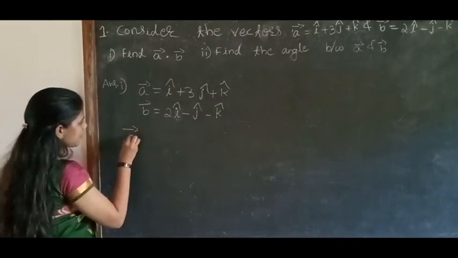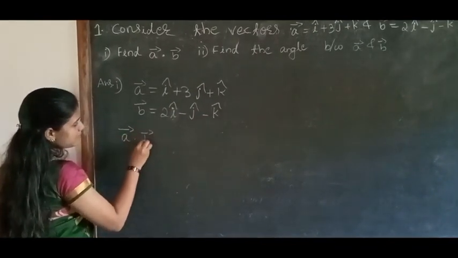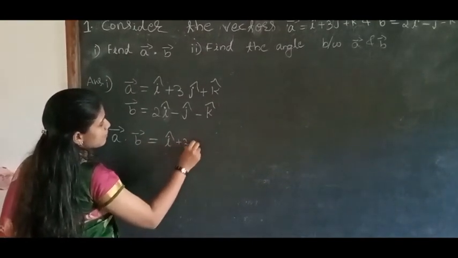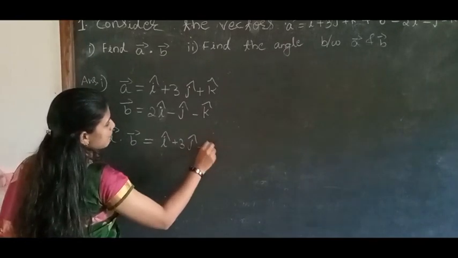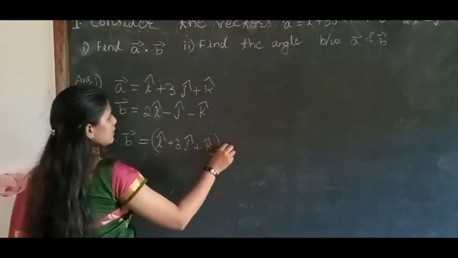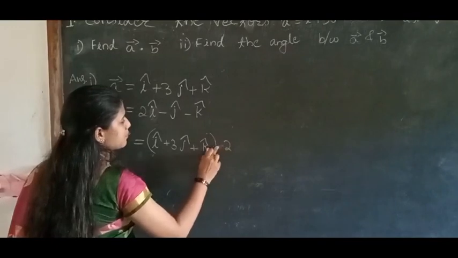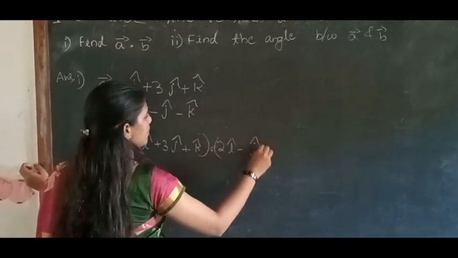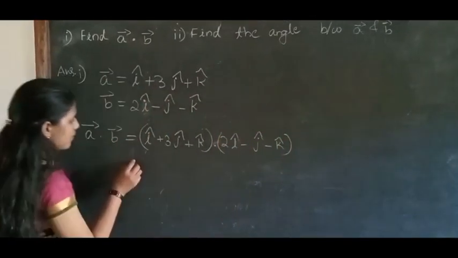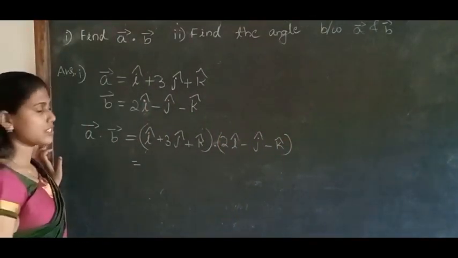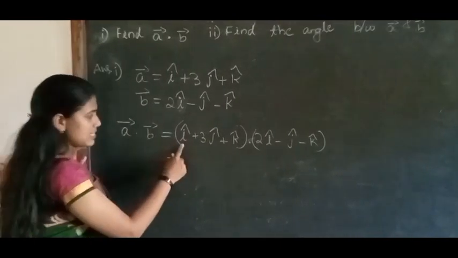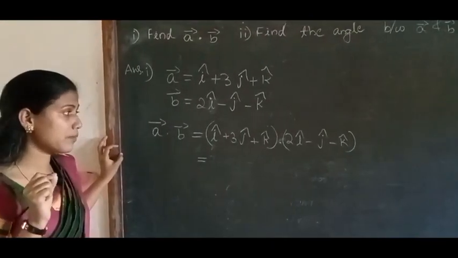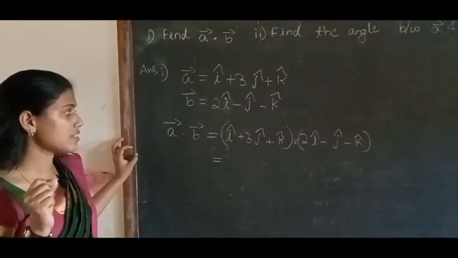Now we find vector A dot vector B, which is equal to i cap plus 3j cap plus k cap dot 2i cap minus j cap minus k cap, which is equal to, in dot product we know that dot product is the sum of the product of coefficients of same terms.